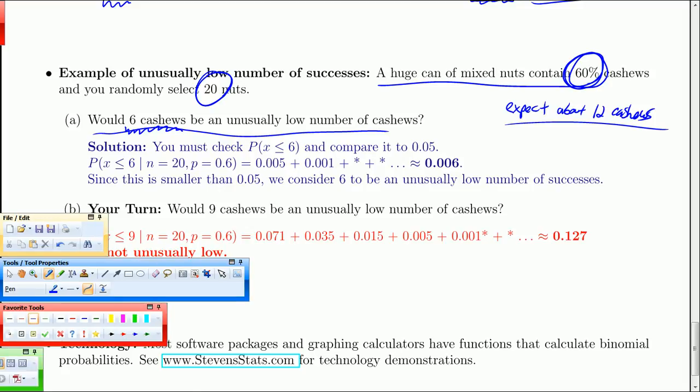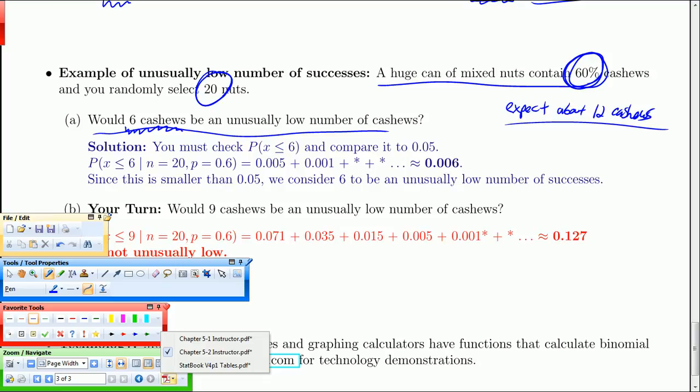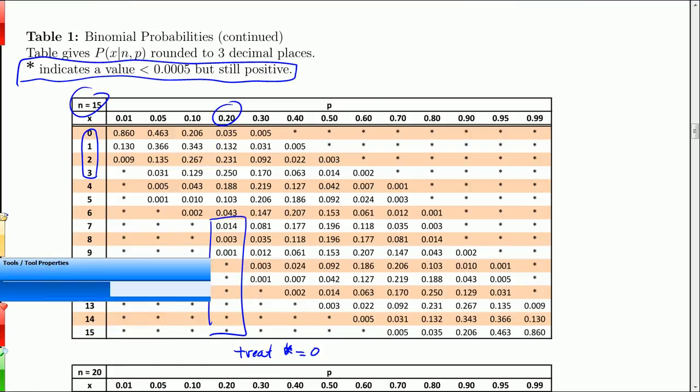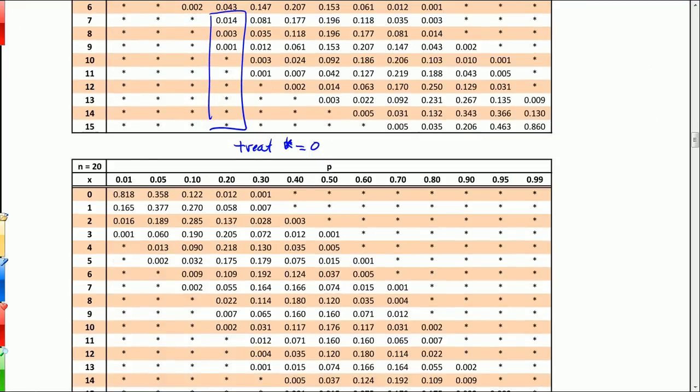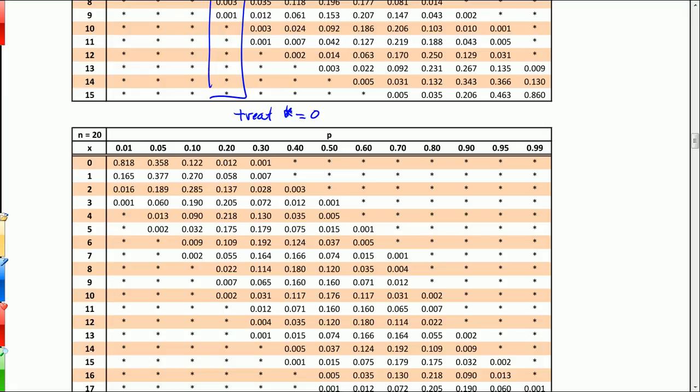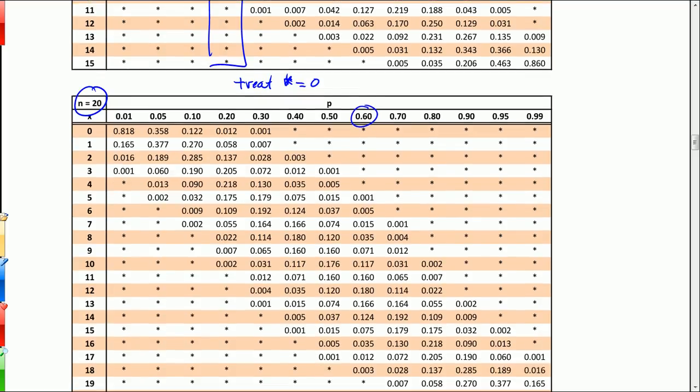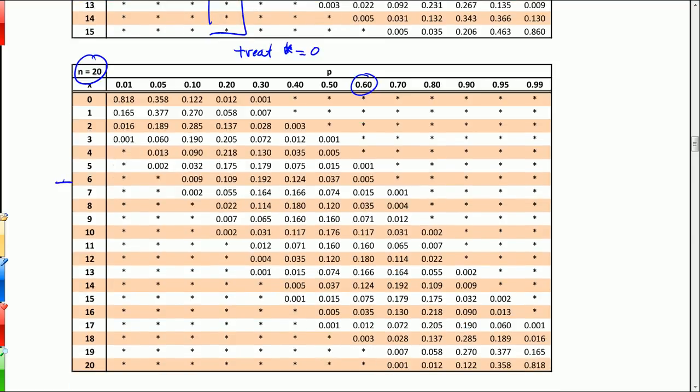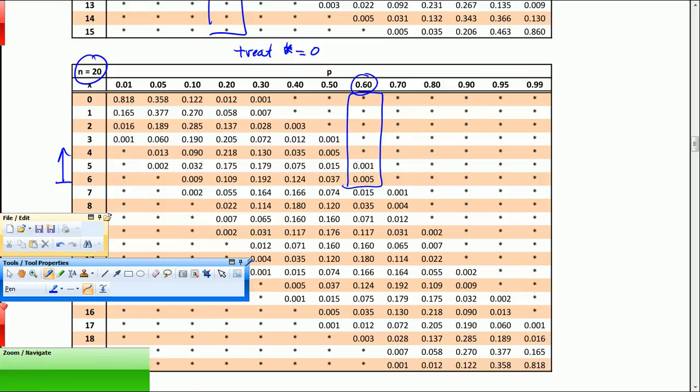So we go to our table. We look for 20 trials, that we're grabbing nuts from the can. Probability of success, probability of cashew, is 0.6. And we want to know, is 6 or fewer, is 6 an unusually low number? So to do that, we calculate the probability of getting 6 or fewer, which is just these numbers here, 0.005 plus 0.001.